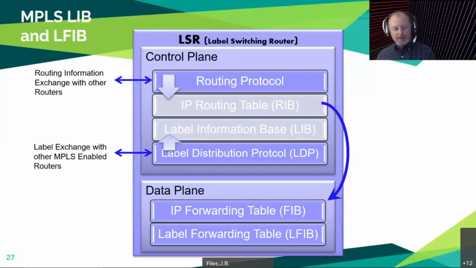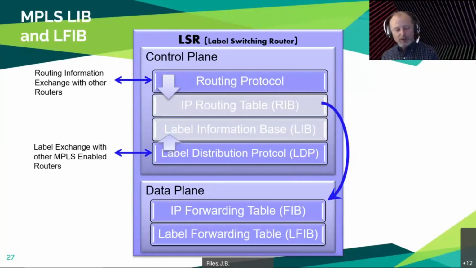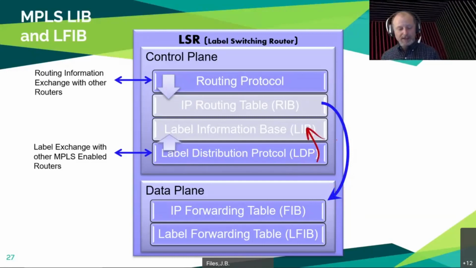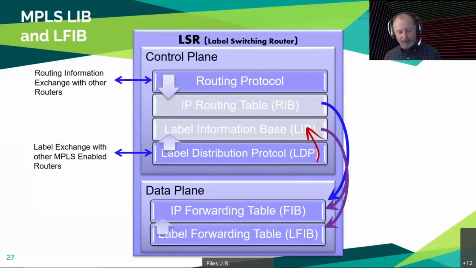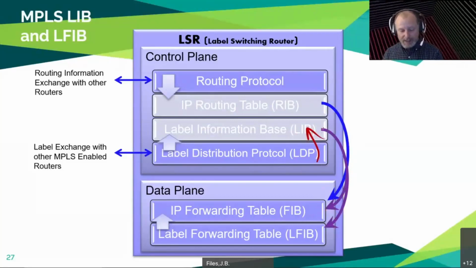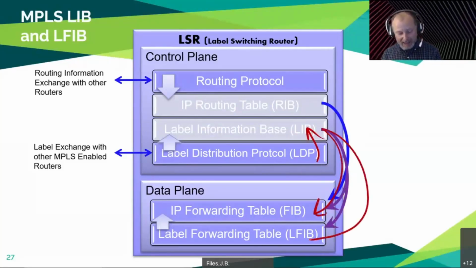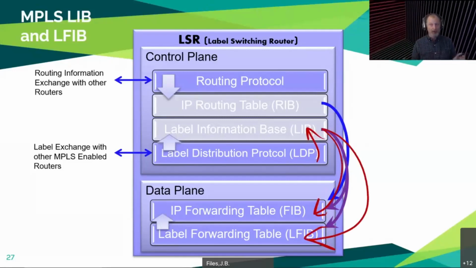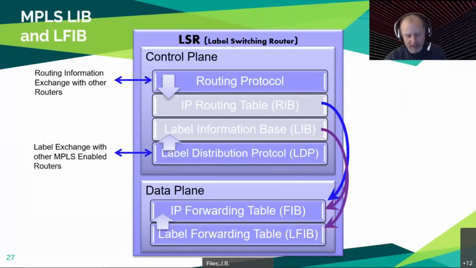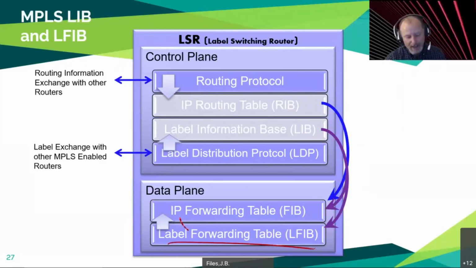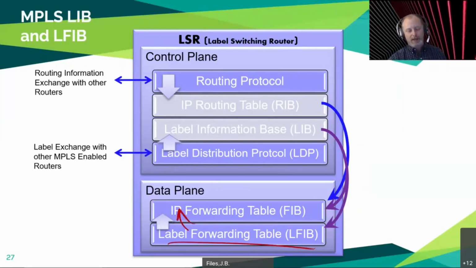The label distribution protocol populates the label information base, and then that is going to populate the IP forwarding table and the label forwarding table, depending. Then the label forwarding table can inform the forwarding information base.